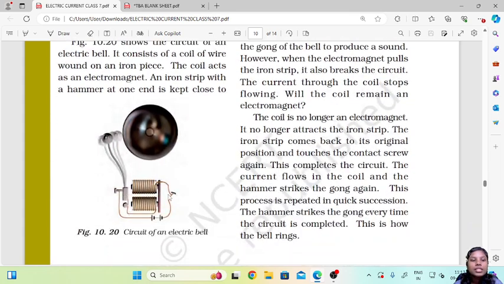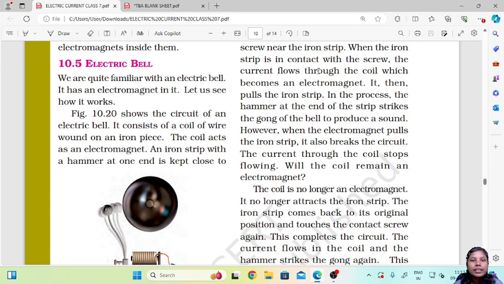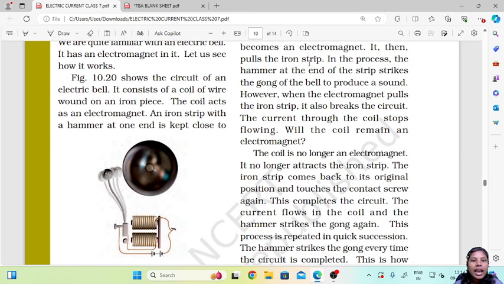So what happens is, when current is supplied from here, the strip comes in contact with the screw, and that coil becomes the electromagnet. It then pulls the iron strip.